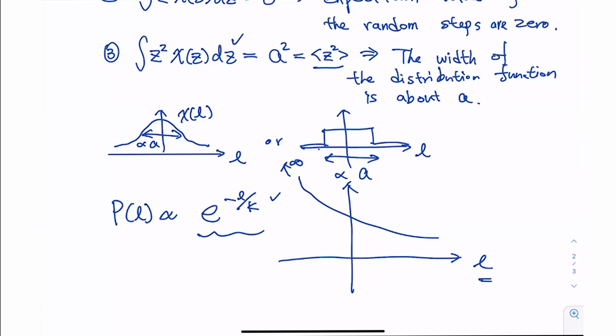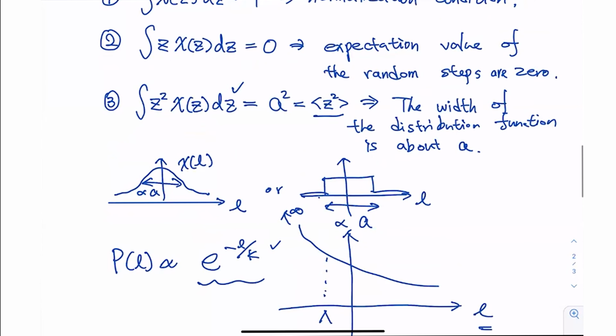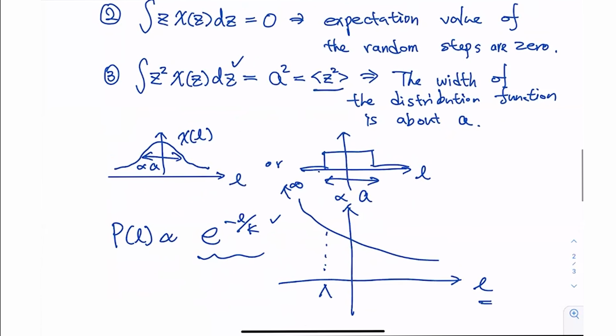So you are not able to normalize it. In order to make my distribution function satisfy the condition, maybe you can put a cutoff somewhere here, lambda. Then the integration of the first constraint is basically counting the volume here.